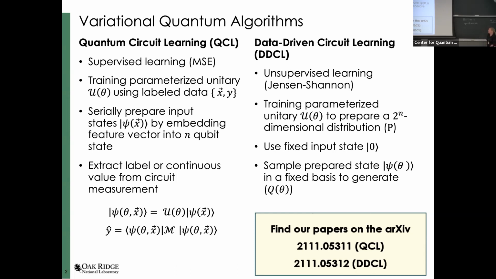We are using a parameterized unitary to prepare a target distribution P. Now, I don't have different input states. I fixed the input state. Commonly, it's the all zero state. And then I run my parameterized ansatz on top of that and sample from the final prepared state. And that's going to generate a distribution Q of theta. And the role of training is to make Q of theta approach P.